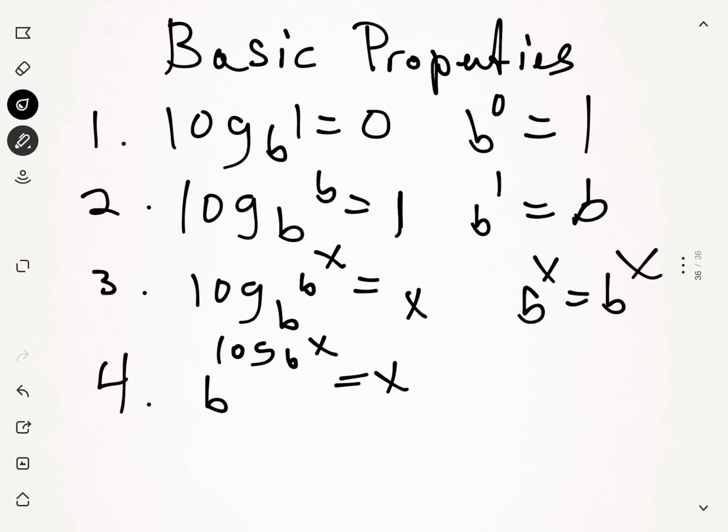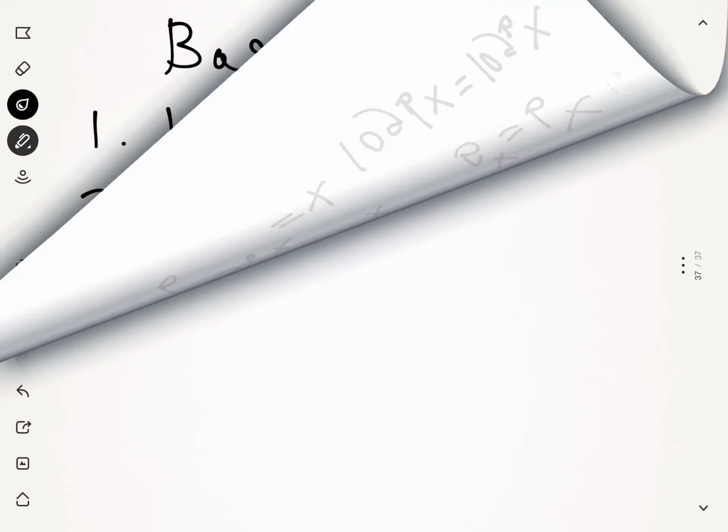Number 4 is important because this is a base to an exponent that is a log. So keep these in mind, 1, 2, 3, and 4.